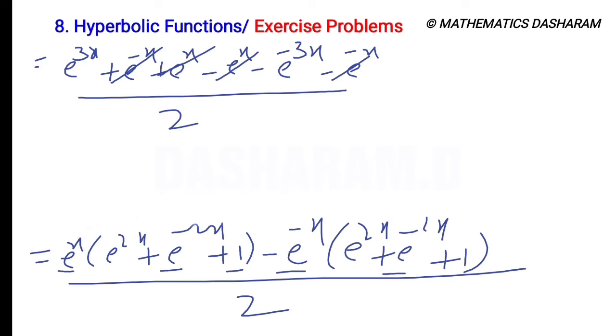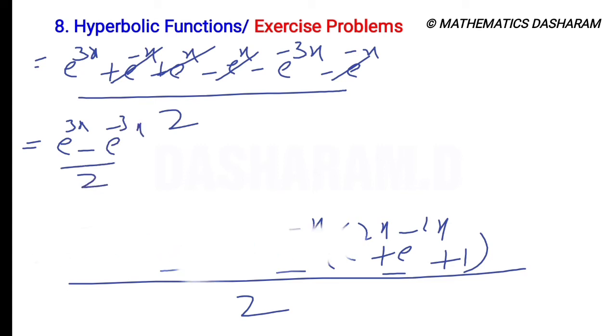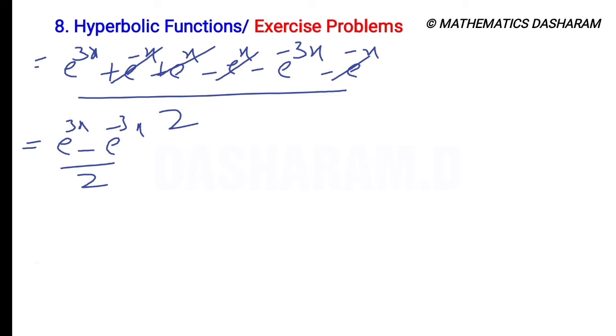Then it equals (e to the power of 3x minus e to the power of minus 3x) by 2, which equals sinh 3x, because in the place of x we have 3x. So it equals the LHS, hence proved.